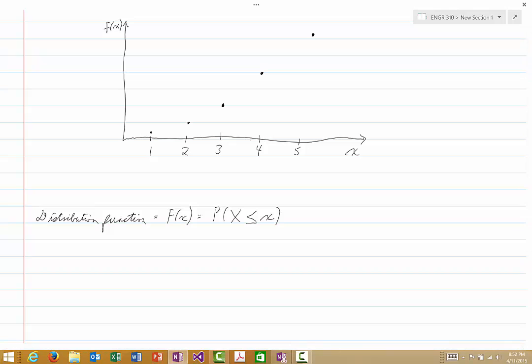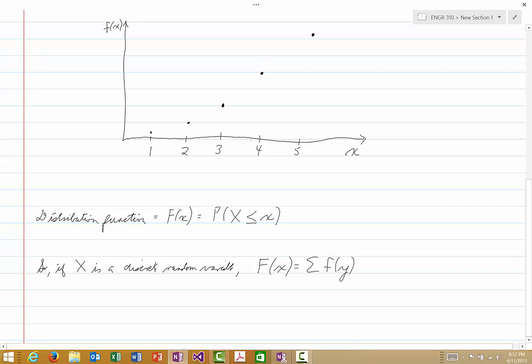And therefore, if you have a discrete random variable, as we do in this case, then this simply becomes the sum of f of y, where we sum up all of the values of f of y for y less than or equal to x.